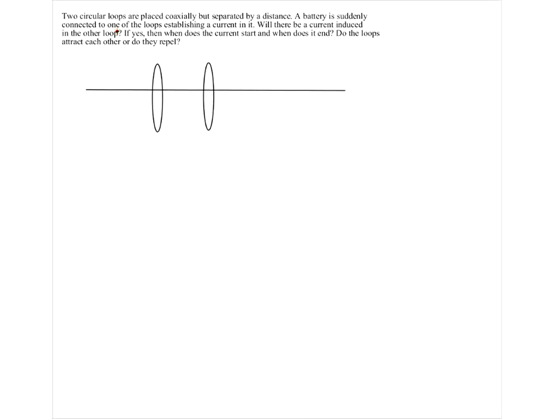Battery is suddenly connected to one of the loops, establishing some current in it. Let's say there is a battery here. Suddenly connected. Will there be a current induced in the other loop? What do you think?